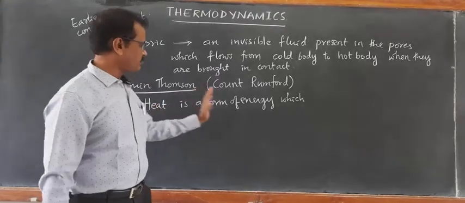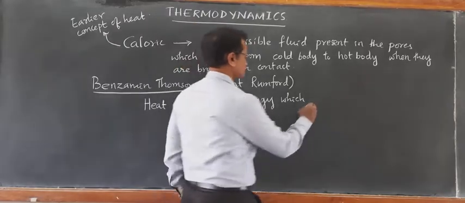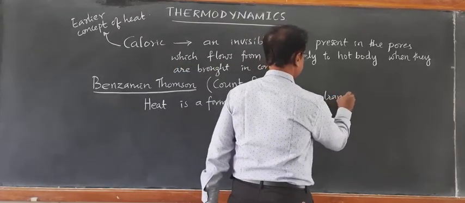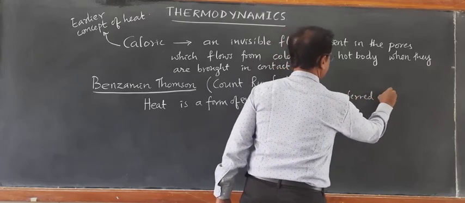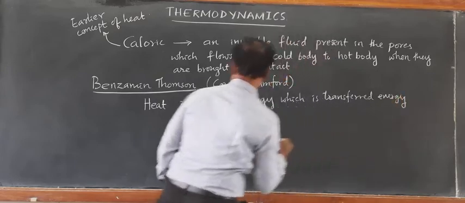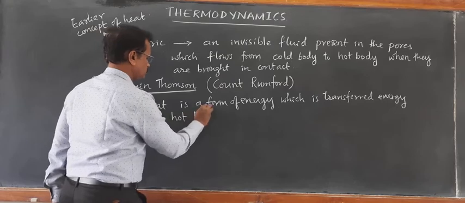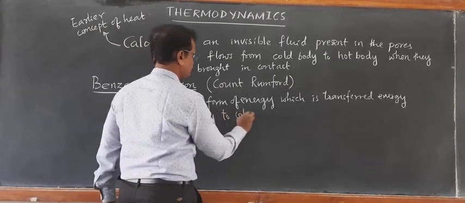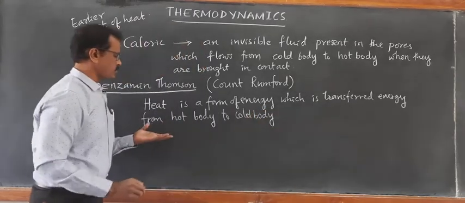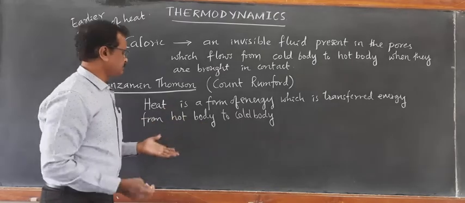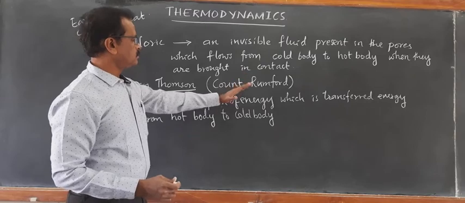Heat is a form of energy which gets transferred, transferred energy from hot body to cold surroundings. That was the modern concept brought by Benjamin Thompson. So he was awarded Count Rumford.